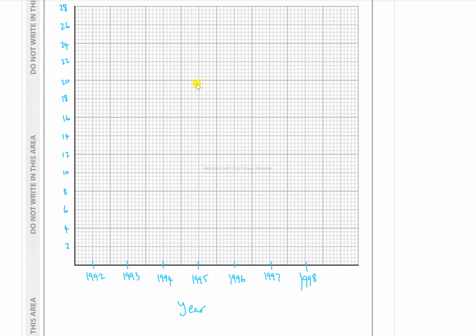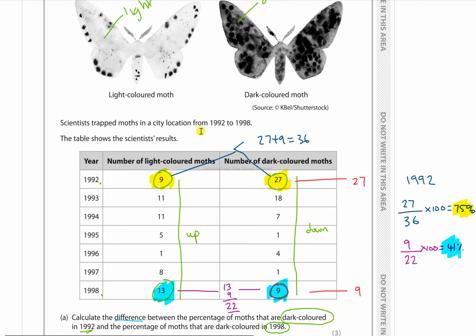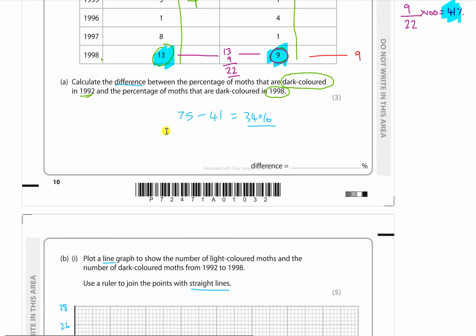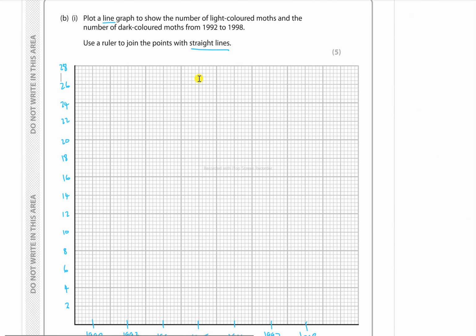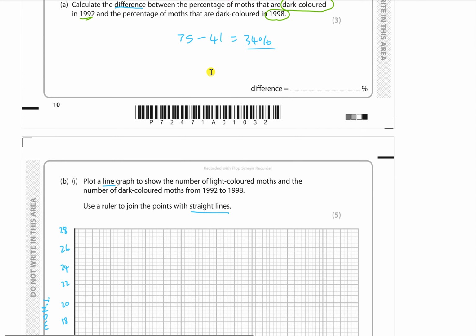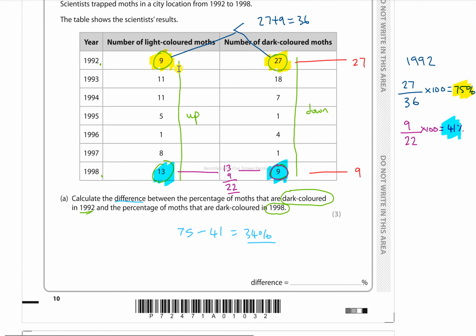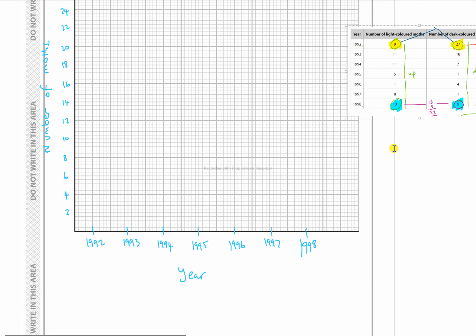So we need to put number of moths. This is weird, writing sideways. Number of moths. Okay, so now there's two types. Right, let's try. See if this makes it easier. Just make a copy of that. Okay, let's crack on.